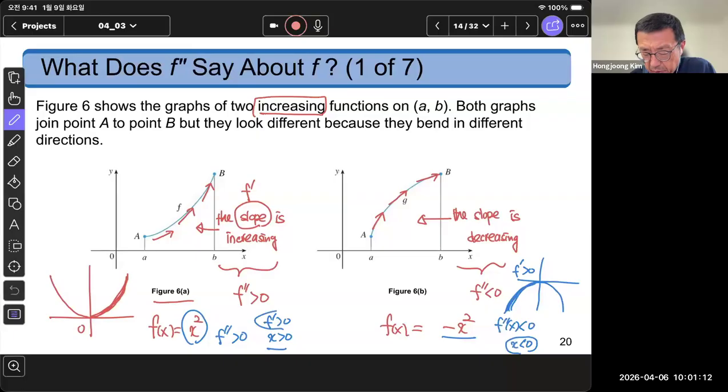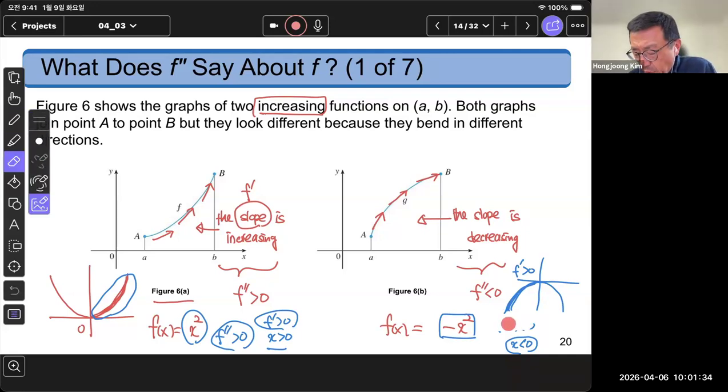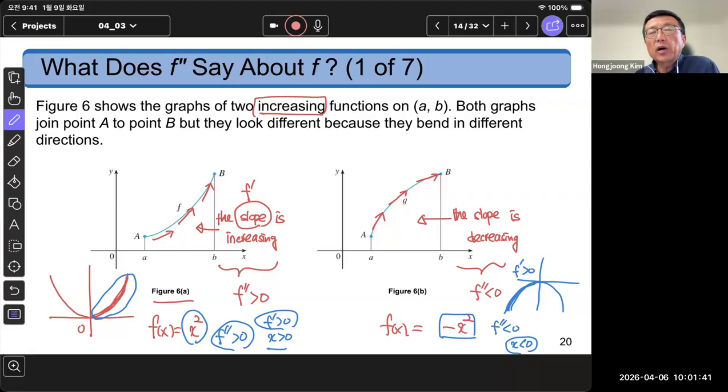So f prime is positive and f double prime is positive. Then the increasing pattern will be like this. When I consider the negative x squared function to the left of 0, f prime is positive, but f double prime is negative. So that's what I do to remember the shape of the pattern.